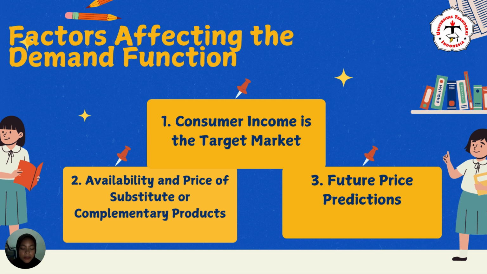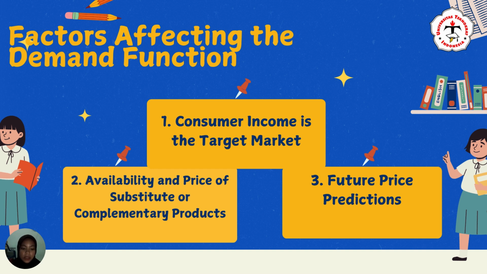An example of a substitute product is a car with fuel: its price and availability will decrease as more and more electric cars are sold on the market at cheaper prices. An example of a complementary product that influences the demand function is that a higher fuel price causes consumer interest in buying cars with fuel to decrease.